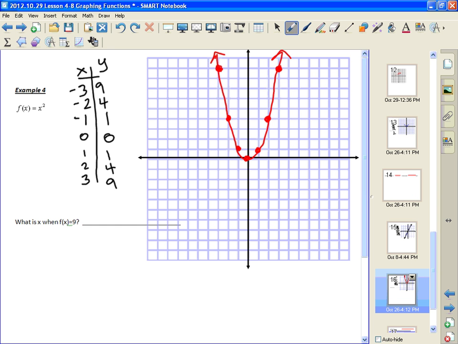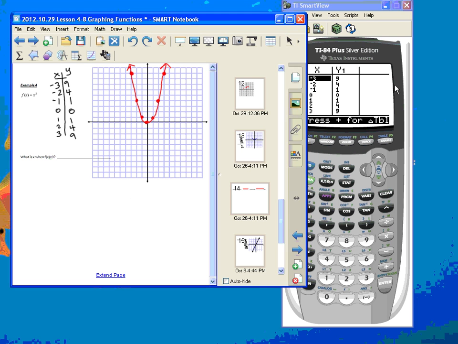And we have a question right there that says, what is x when f of x equals 9? So it wants to know the value of x when f of x is 9. So where could I look to find that? In your calculator?